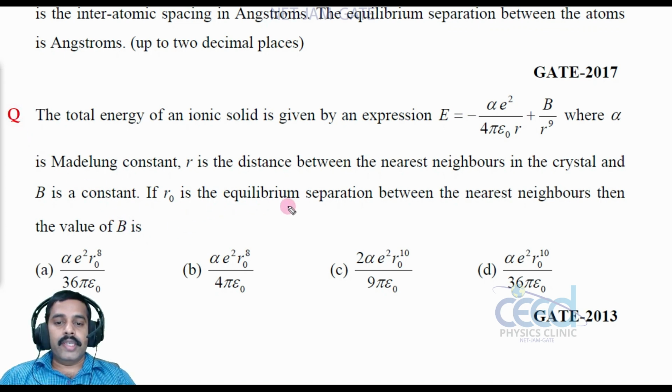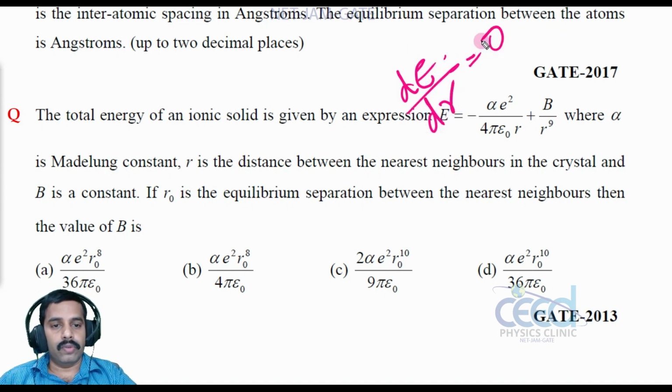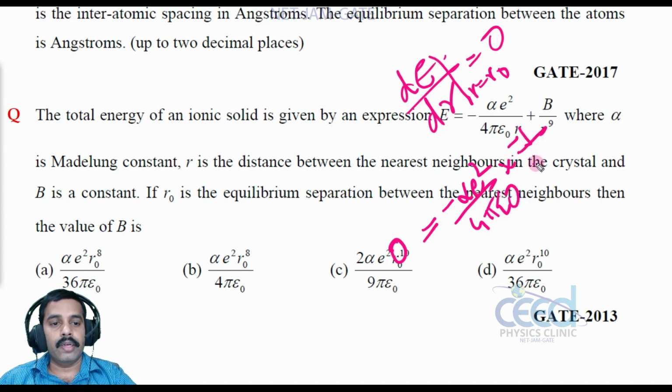So r0 is the equilibrium separation. At equilibrium separation, we already know the relation dE by dr is equal to 0. So let me write at r equal to r0. Let me differentiate this: equal to 0, that is minus alpha e square divided by 4 pi epsilon 0, 1 by r on differentiation gives minus 1 by r square.